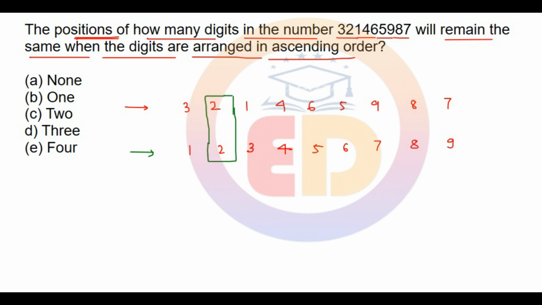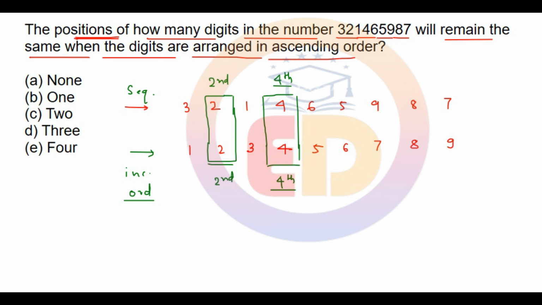So the position of 2 in the sequence is second, and when I arrange them in the increasing order, again the position of 2 is in the second position. Next number is 4. In the given sequence, 4 comes in the fourth place, and when I arrange them in the increasing order, it is again at the fourth position. So this also is same.